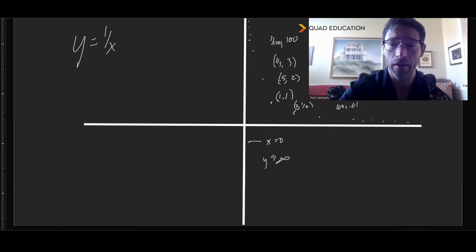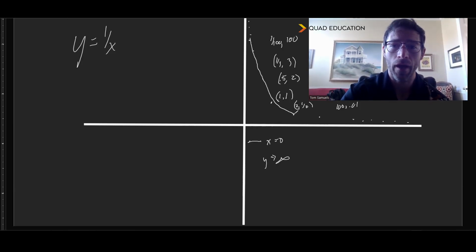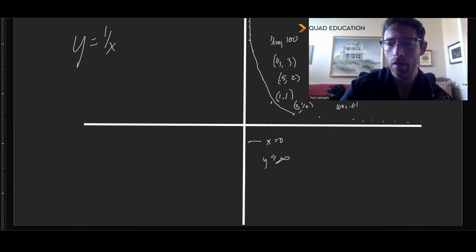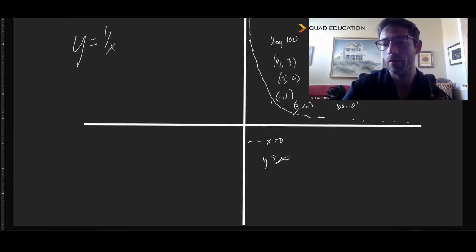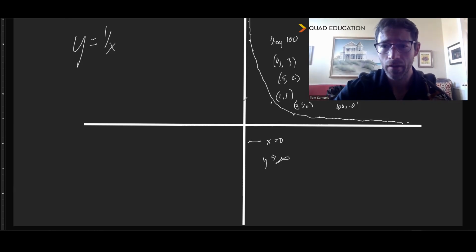So as we go to the left, starting from 1, we head off to infinity, and as we go to the right, starting from 1, we head off to 0.